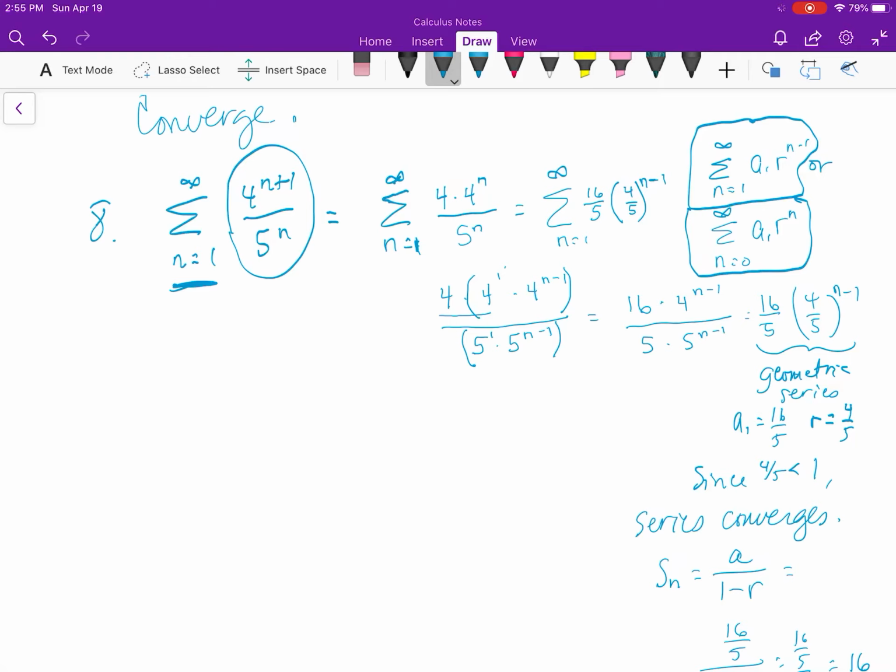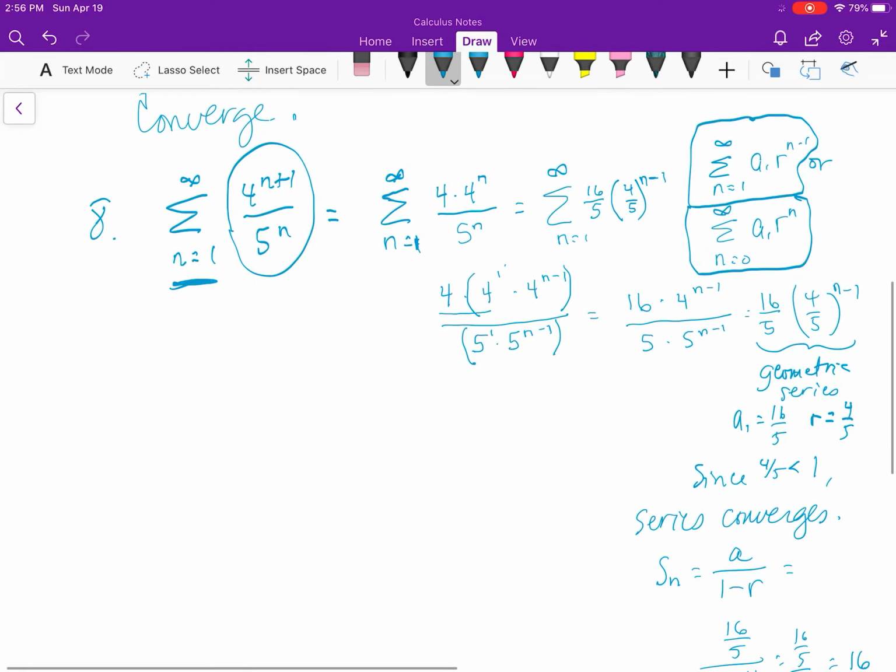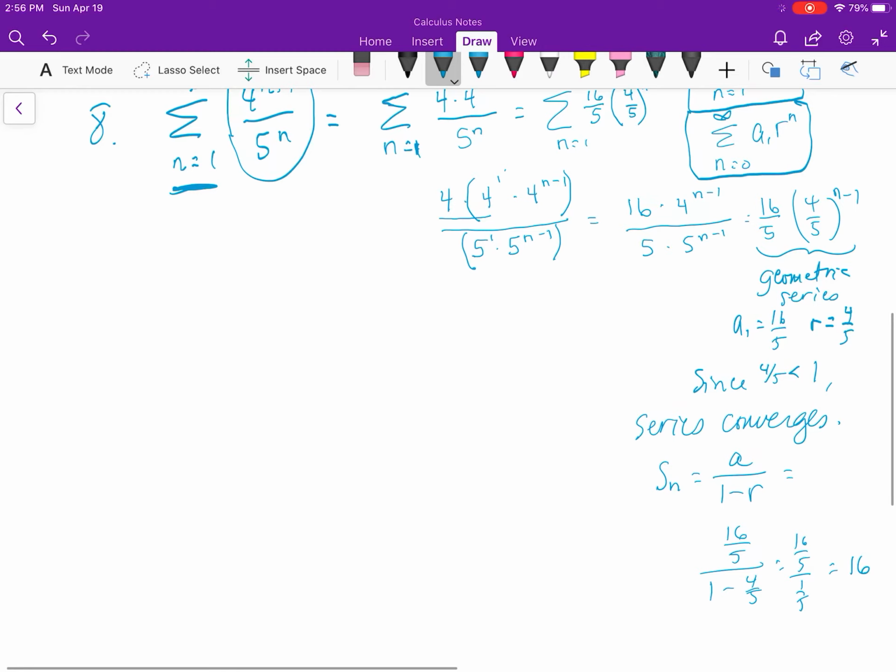Because we knew it was a geometric series, we knew we had to get it into either this format to see our a sub 1 and our r, or this format to see our a sub 1 and r. So what we did was manipulate it.